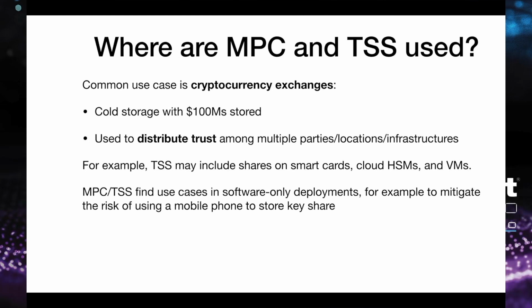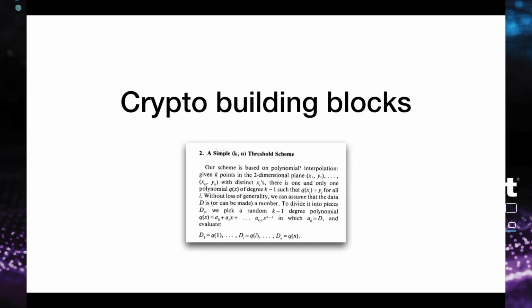In case there's an earthquake, a fire somewhere, you want to make sure that you will always recover your funds, and you want to avoid trusting only one or two people with your money. And you can combine this with different technology, with smart cards, HSM, cloud HSMs, even mobile phones, to have different types of platforms.